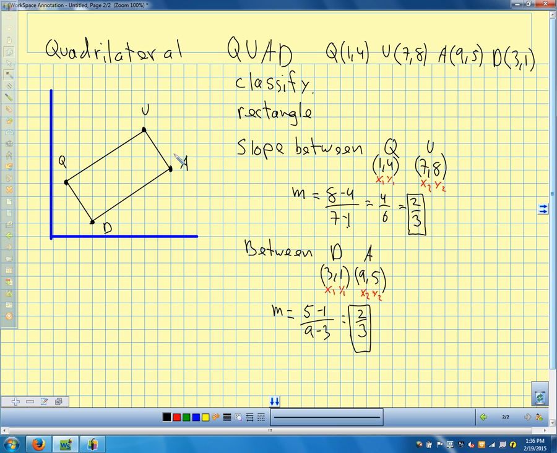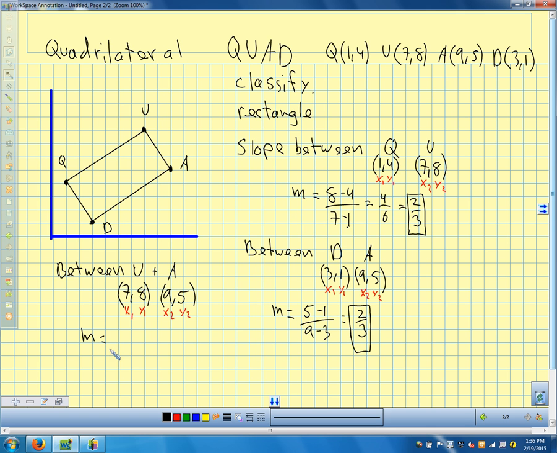Now let's calculate the slope between U and A. So that's going to be the point 7,8 and the point 9,5. All right, so you guys calculate that one.